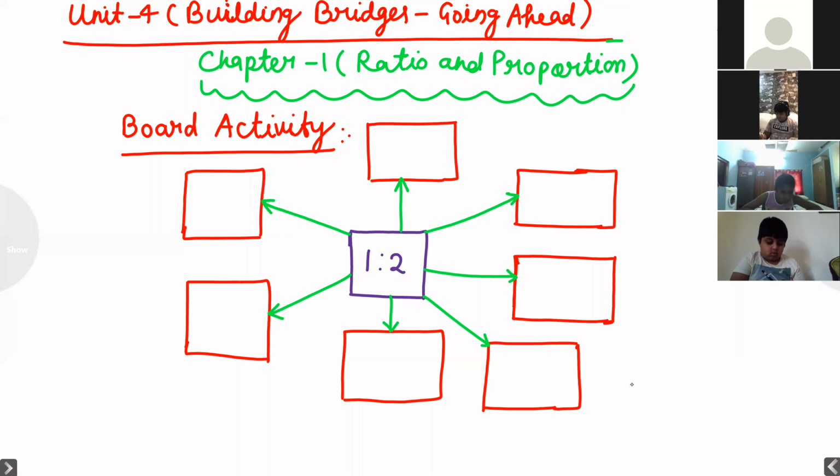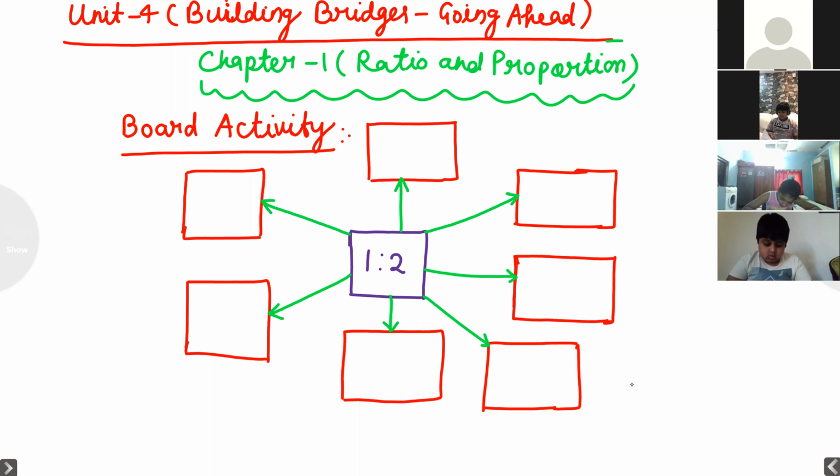This activity is based on equivalent fraction. I have given 1:2. I will count 3 digits. After 3 numbers, you can start your activity. Those students who write the first answer will be the winner of this activity.